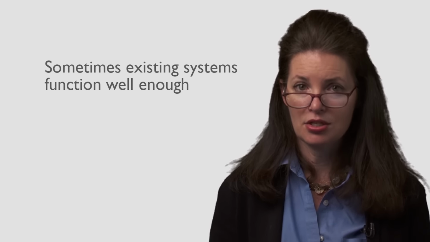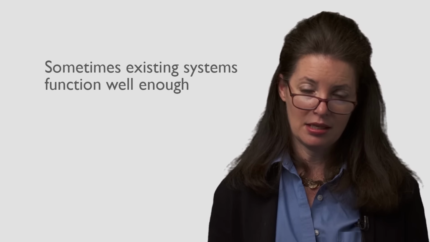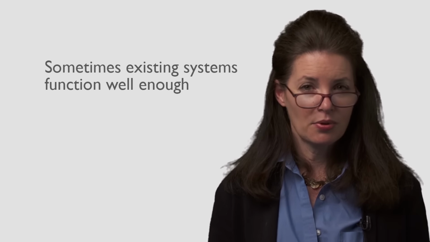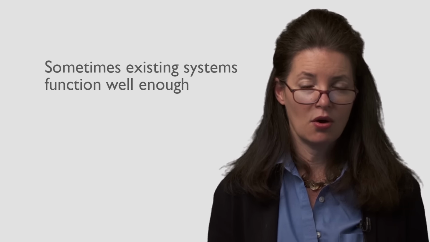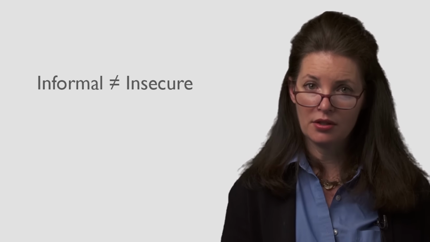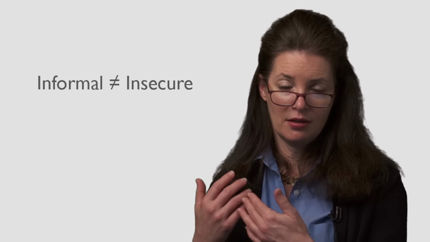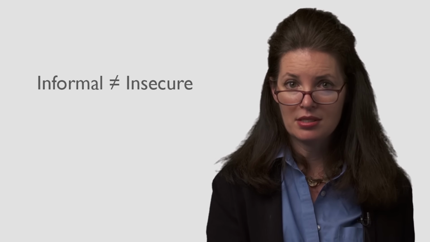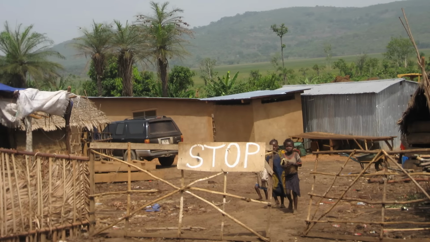They may need a little additional capacity building, they may need a little additional support, but it's important to understand which systems are working well enough and not to inadvertently displace a system that actually is working on the ground for people because we think in our minds that formal must equal good. Sometimes informal is a good system for people on the ground. Sometimes intervening can actually create more conflict, and we certainly don't want to do harm, so we need to be mindful to do no harm in our land tenure and property rights programming.